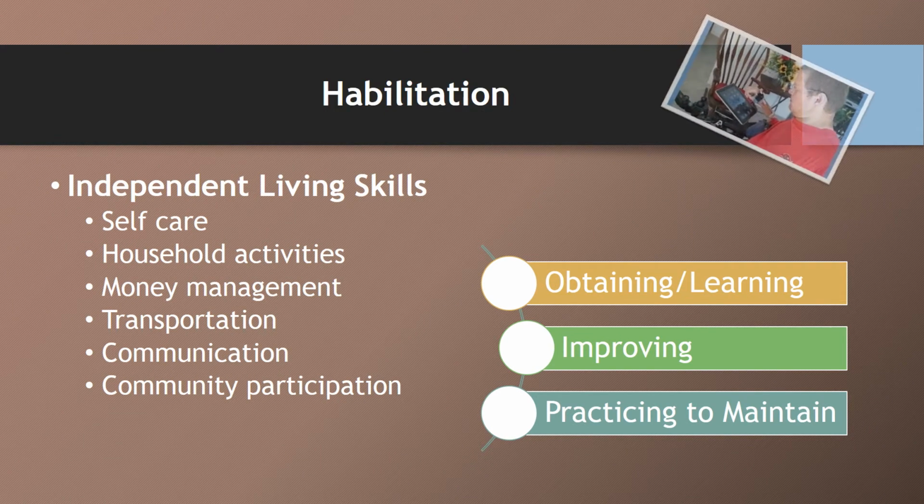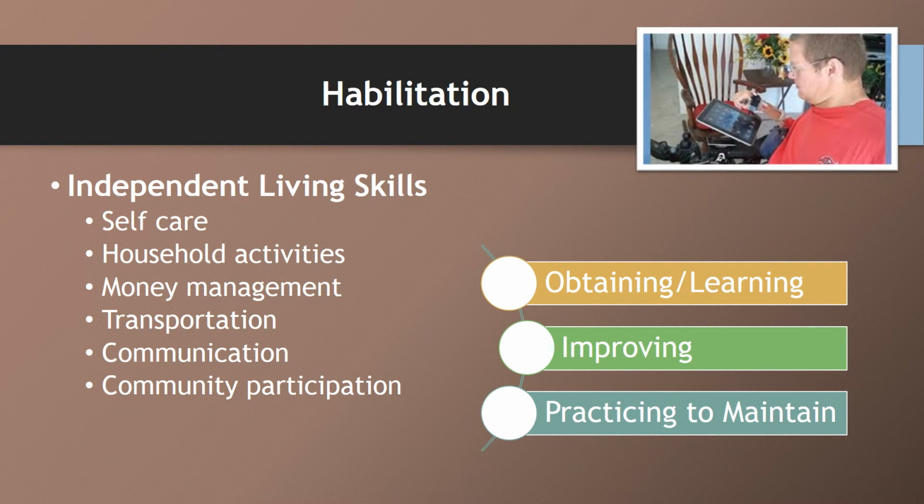Habilitation refers to actively working with the individual to improve current skills or obtain a new skill. Outcomes are individualized for each person but are often related to increasing independent living skills.